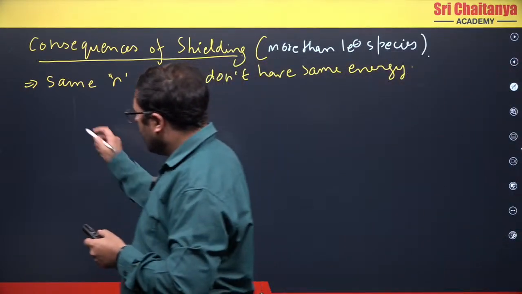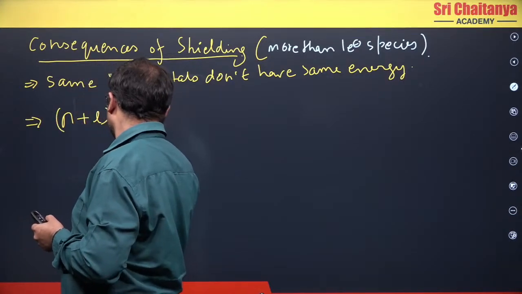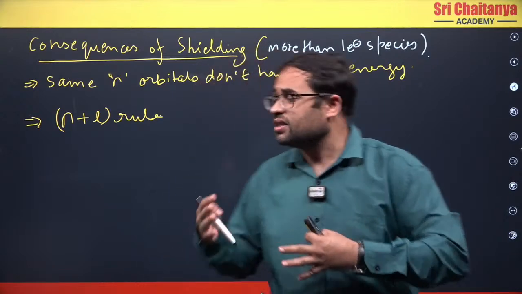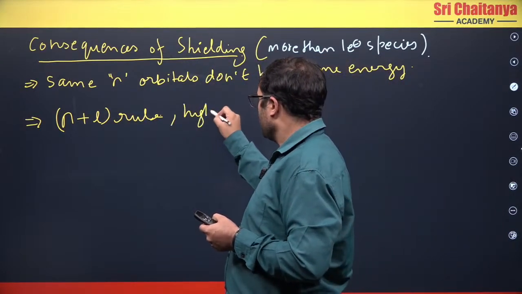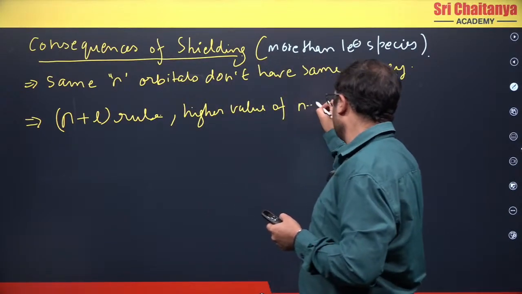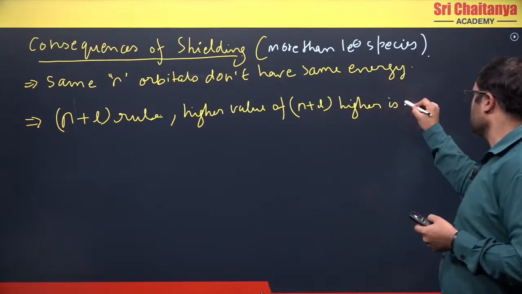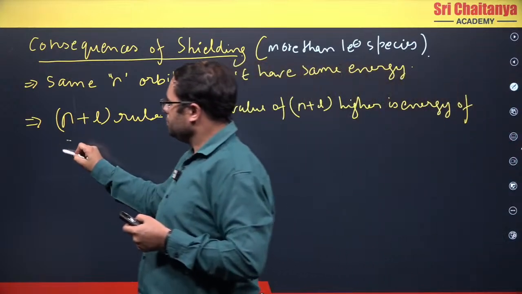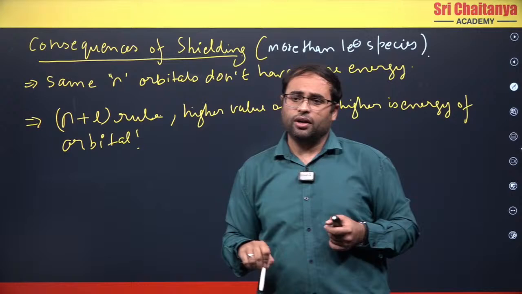So, how do we decide that? It is based on the n plus L rule. This rule says that the higher the value of n plus L, the higher is the energy of the orbital.